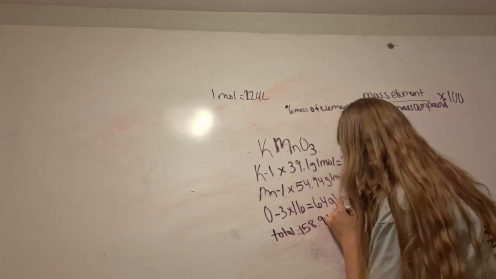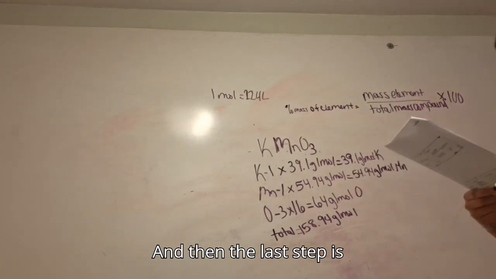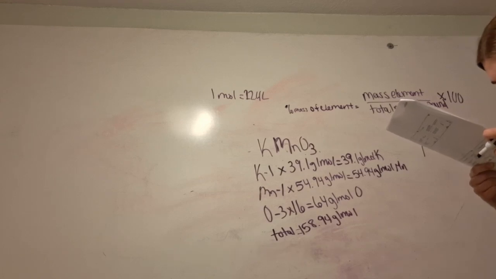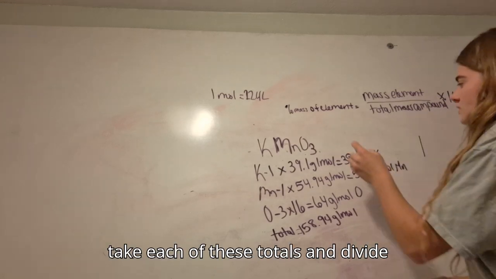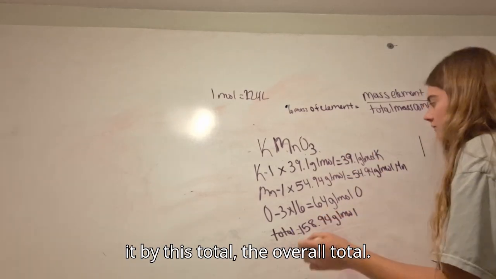Grams per mole. Okay. And then the last step is that you have to take each of these totals and divide it by this total, the overall total.